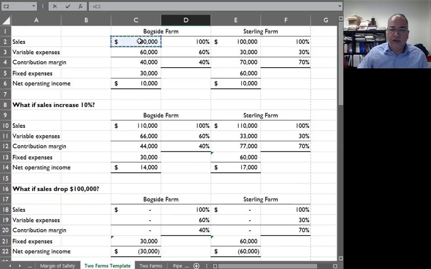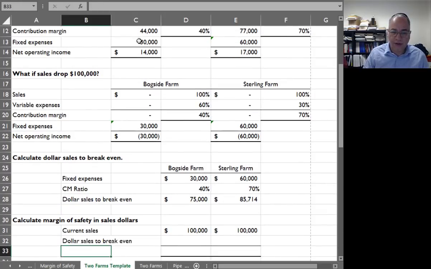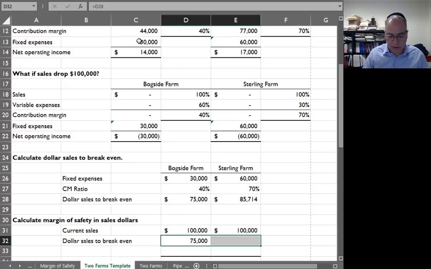Current sales is 100,000, and the break-even point, the dollar sales to break even, or the break-even point in dollars, is 75,000 for Bogside, 100,000 for Sterling.